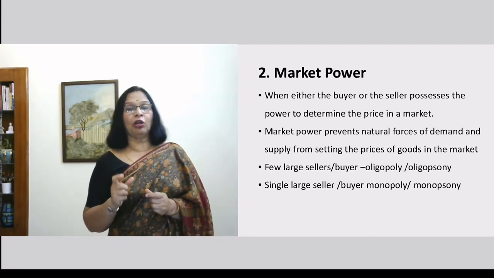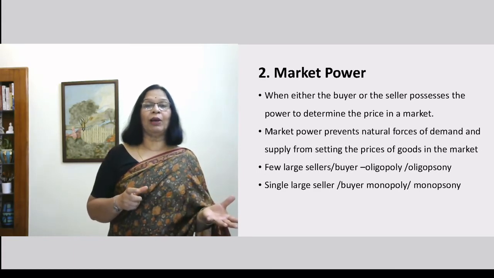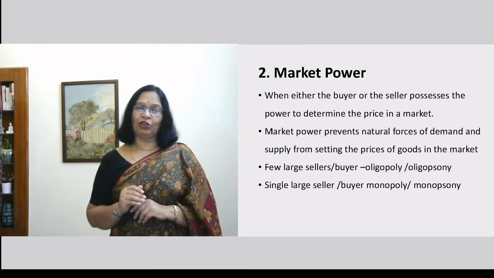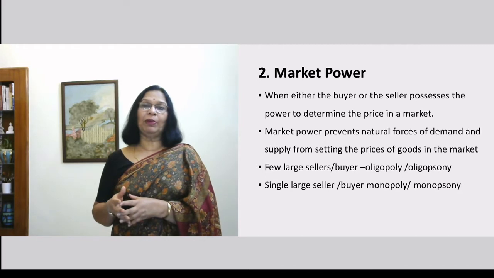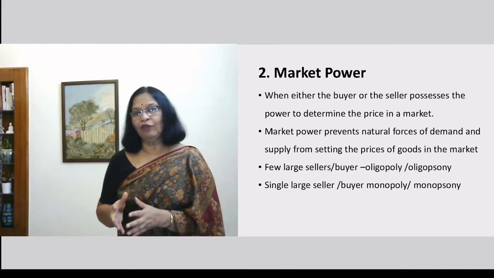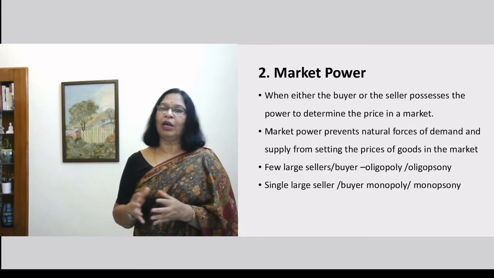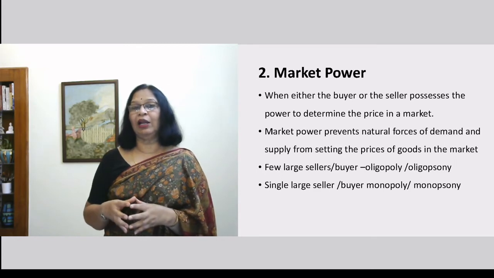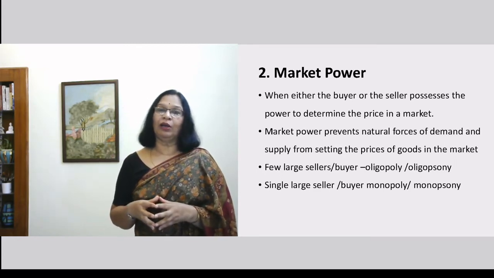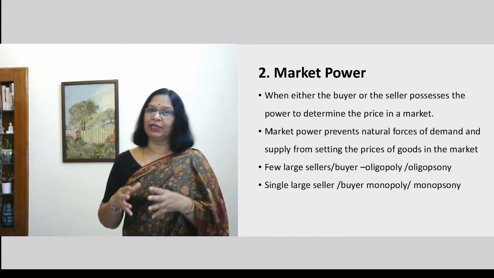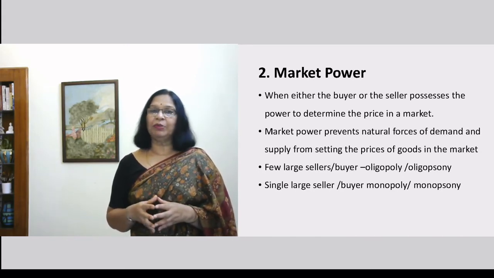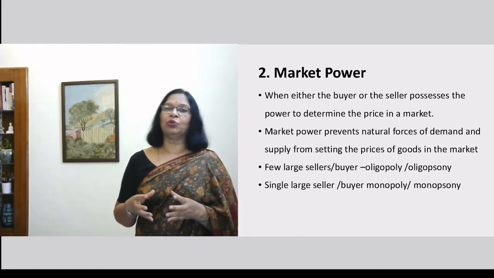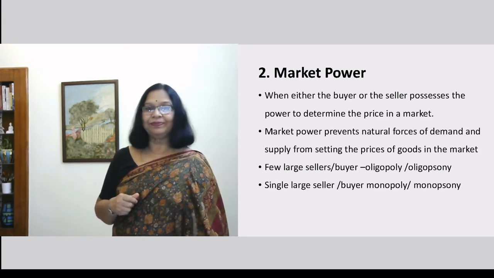In such cases, these oligopsony firms can decide at what price they should buy the raw material from the suppliers in the market, because there are just 3 or 4 firms who buy that raw material. Even as with monopoly, there can be monopsony, where only one firm buys the raw material or labor or other resources. So these kinds of situations of imperfect markets can stop the market from working automatically and determining the price. In these cases, the market does not determine the price. It is the power of the oligopolist or the monopolist who can determine the price in the market.